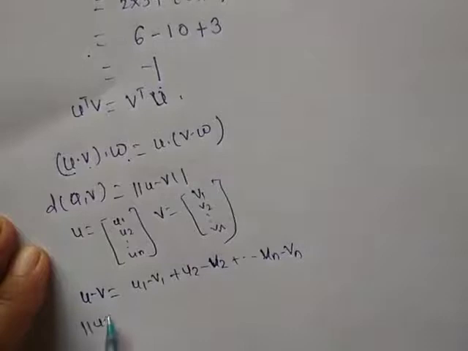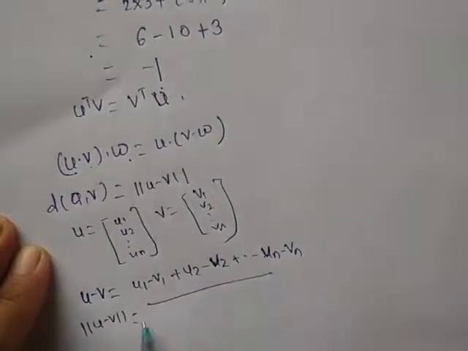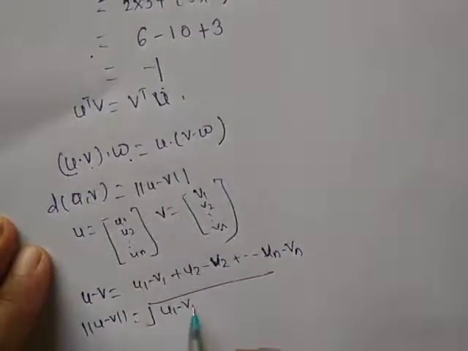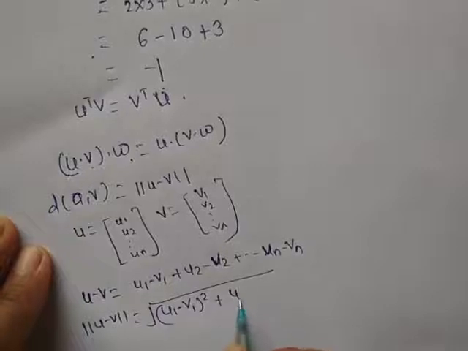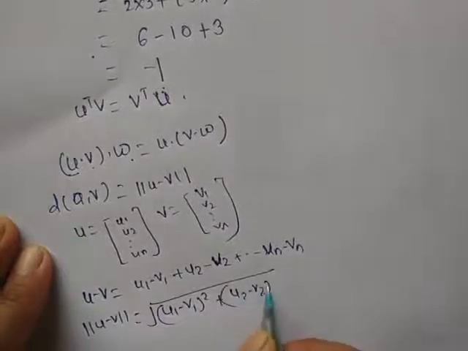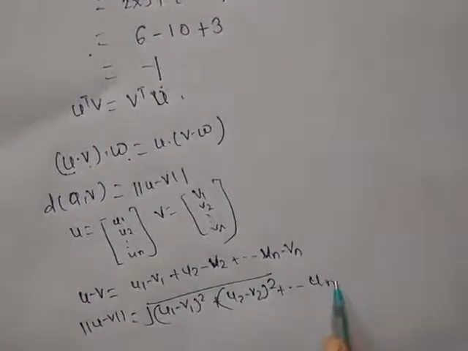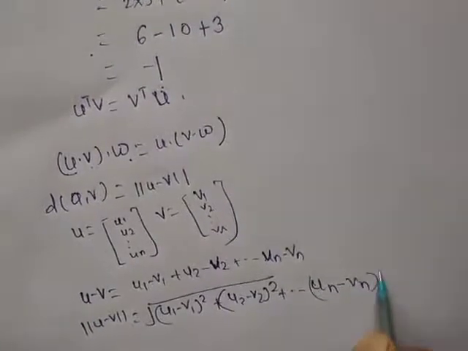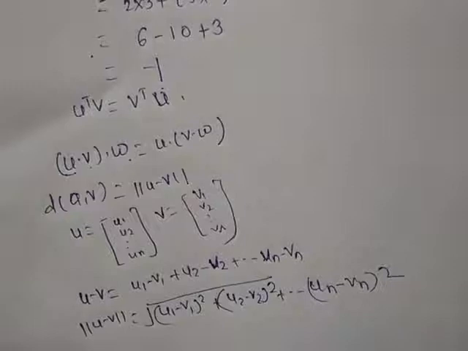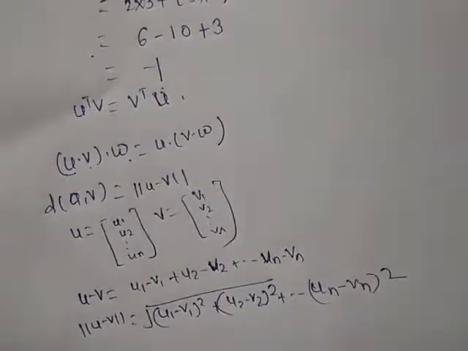So norm of u minus v is nothing but the square root of u1 minus v1 square plus u2 minus v2 square plus and so on un minus vn square. This is the norm of u minus v.